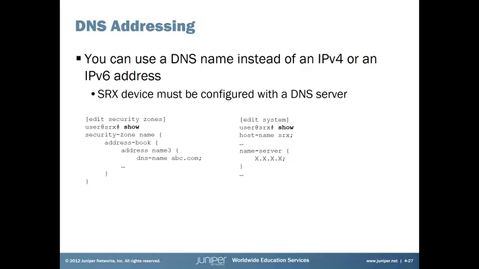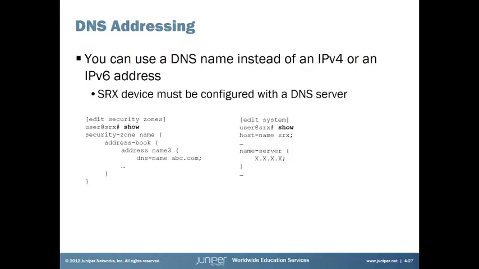So, brilliant when the actual IP address keeps changing: you can go and put in the actual name, here it is, DNS name abc.com, whatever it is. Of course you must have a DNS server, which you would have had set up anyway.